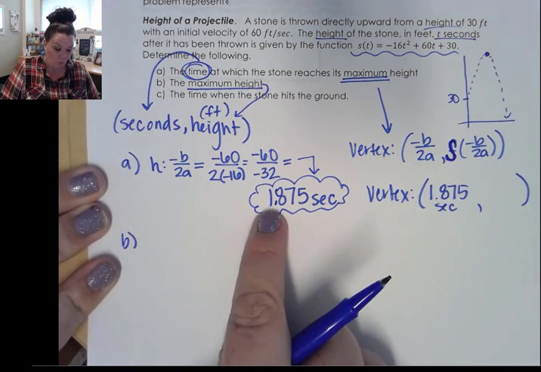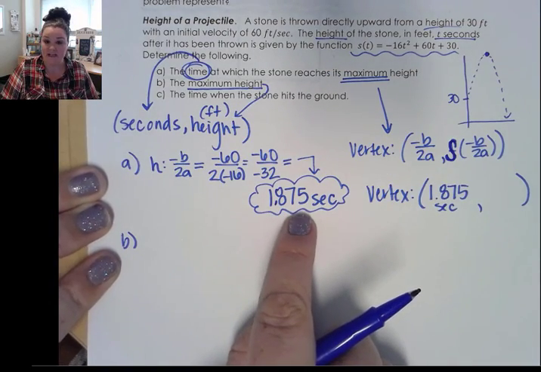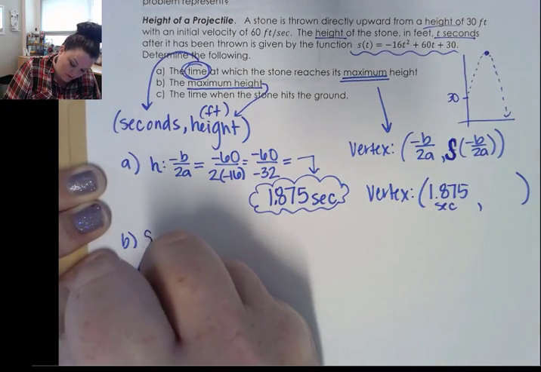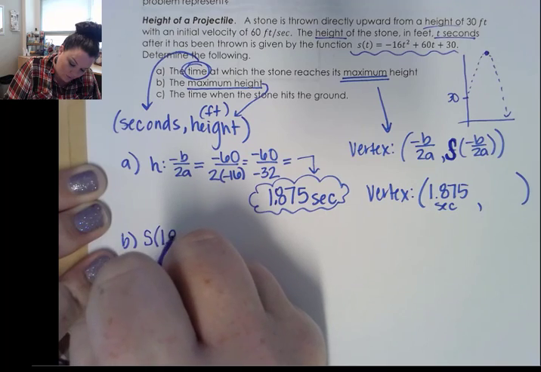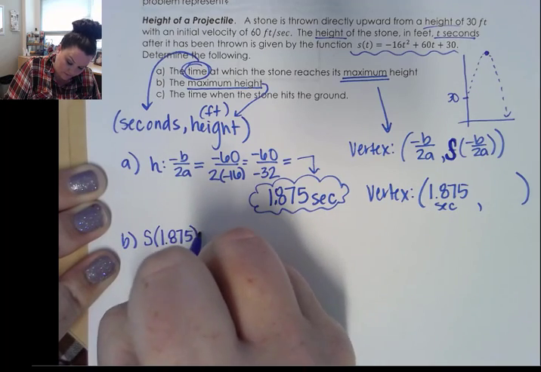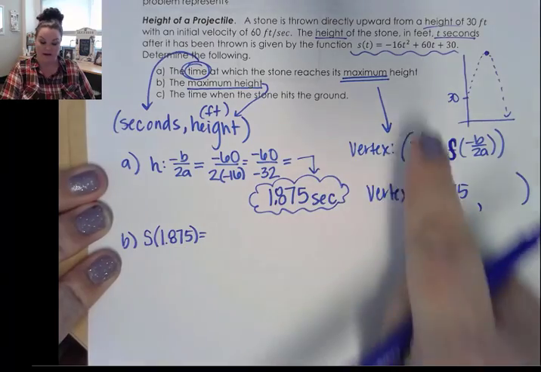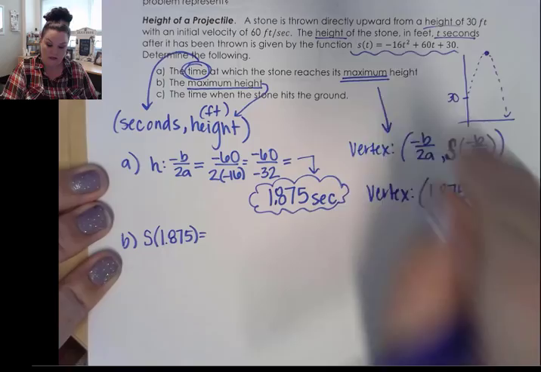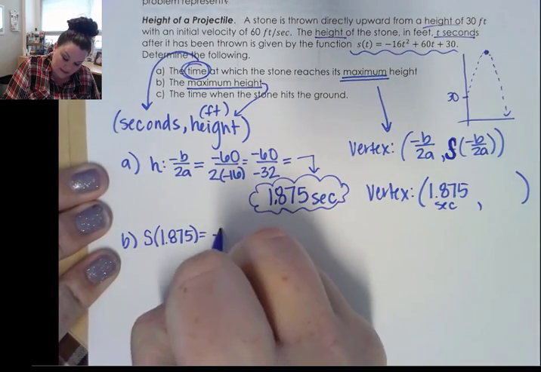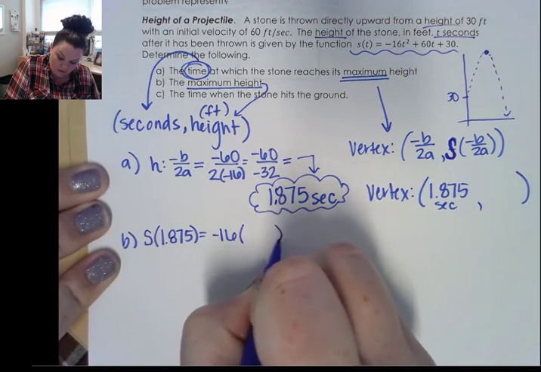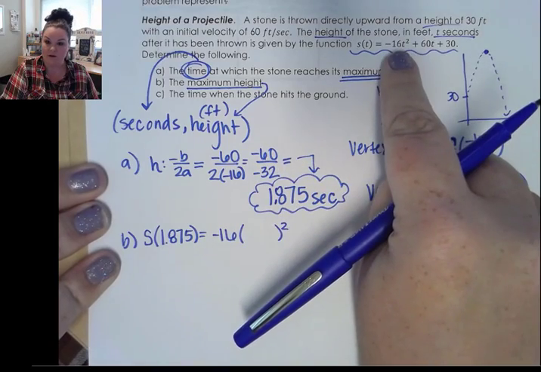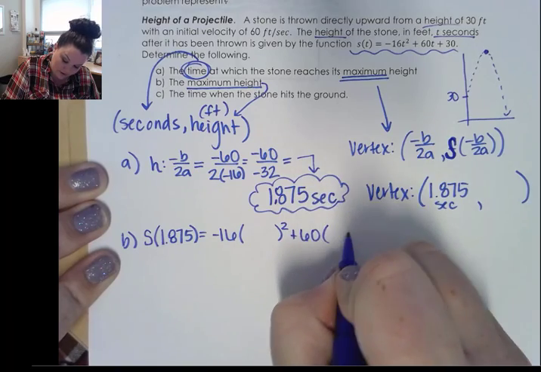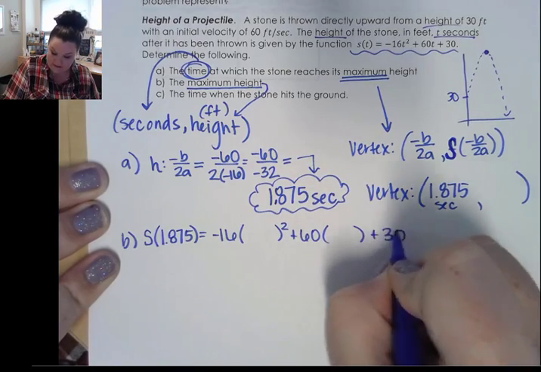So we're going to take our 1.875 seconds and plug it back into this height function. In other words, I want to evaluate the s function at 1.875. So I'm going to write out what my s function does, and then I'll put that input value in. My s function takes negative 16, multiplies it by our input squared, and then adds 60 times our input, and then adds 30.